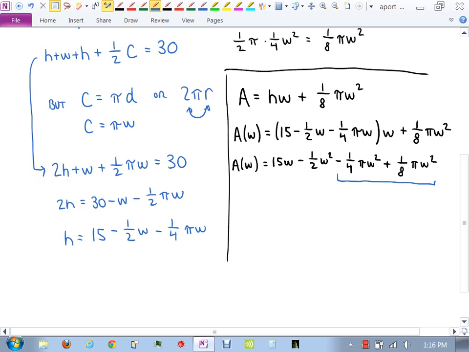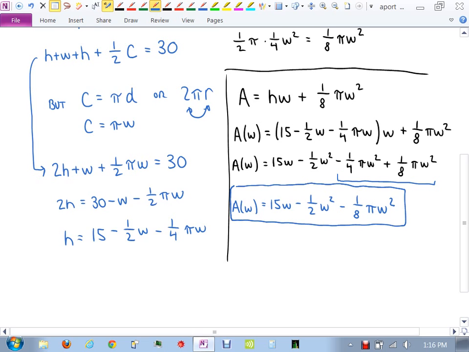What would that turn out to be? What's 1/4 pi W squared plus 1/8 pi W squared? Negative 1/8, okay? So A of W equals 15W minus 1/2 W squared minus 1/8 pi W squared. And I'm pretty happy with that as being my final function that I'm going to do calculus on.